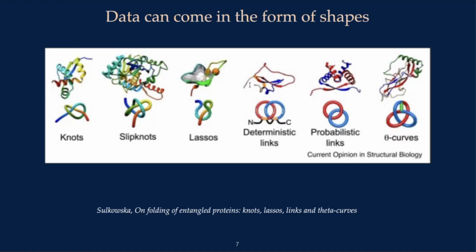And so this is something that is of interest to a lot of biologists, to see how these knots could affect different biological functions. And so if they take a computational approach, they would want a geometric descriptor of these shapes of proteins that takes into account the geometric configuration that produces these knots.